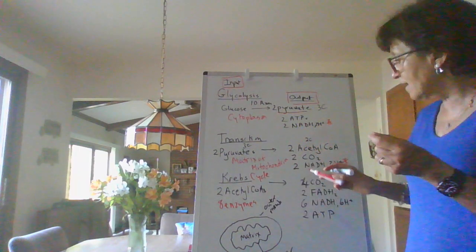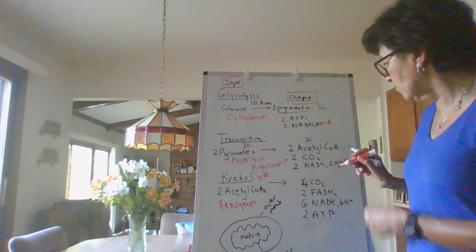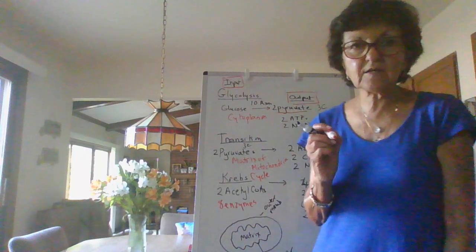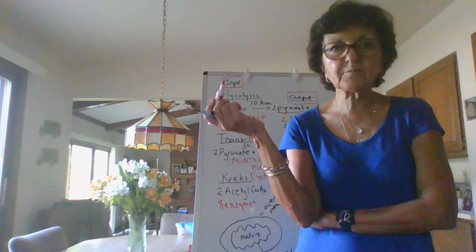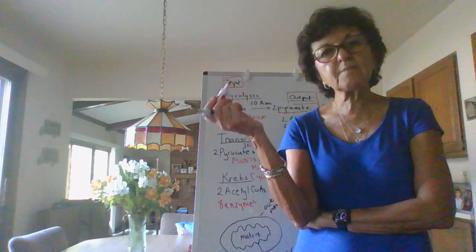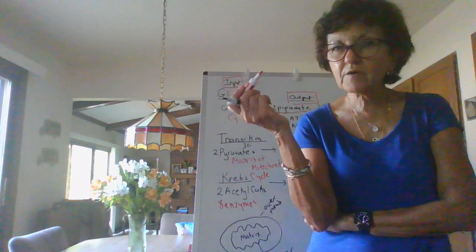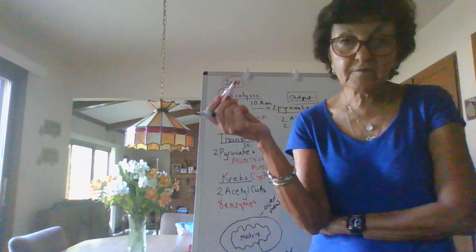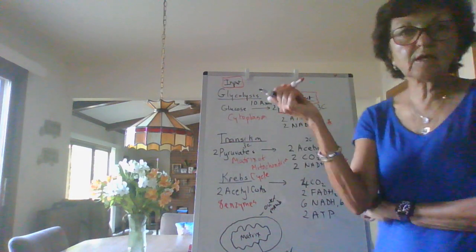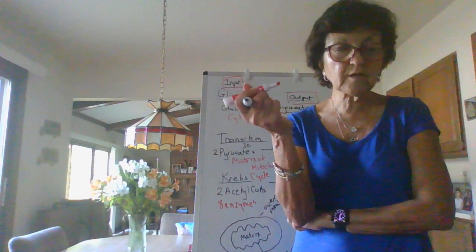What else are we getting in the Krebs cycle? And these are the important ones. 2 FADH2s. Do you remember FAD? We talked about it in the enzyme chapter. Flavin adenine dinucleotide. It's a coenzyme derived from, remember, riboflavin, vitamin B2, right? And the NAD was derived from niacin, vitamin B3.